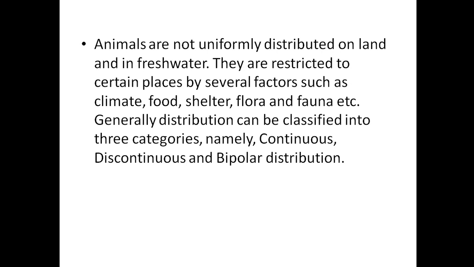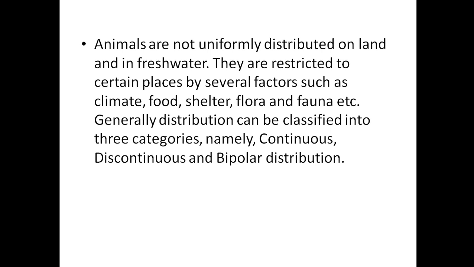When we say uniform, uniform distribution of the animal is very hard to see, then we should know what are the other categories of distribution. Do the animal distributions follow any particular principle or not? Yes, of course.